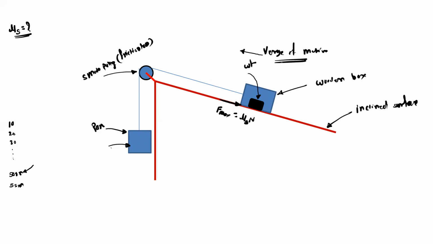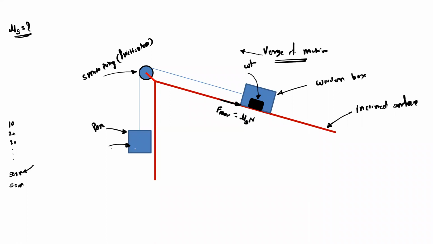During the experiment, you will connect this pan, and in this pan you will add the weight gradually from 10, 20, 30 gram. You will find out one value for which the object will be on the verge of motion.